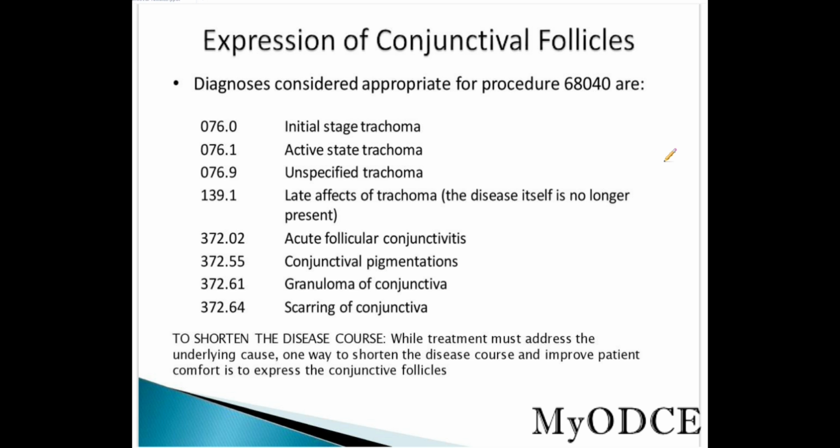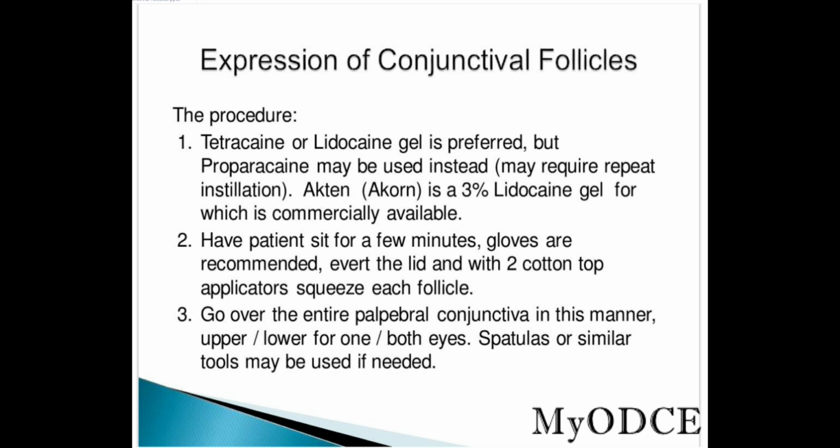Peeling the membrane can shorten the severity of what the patient's experiencing and shorten the course of the negative aspects of what they're experiencing. Similarly here, expressing the follicles can shorten those things as well. And we see here that it's a billable procedure, and it can be performed by optometrists in New York. It is a recognized procedure, so it's something to be familiar with. Okay, so more or less how it goes.